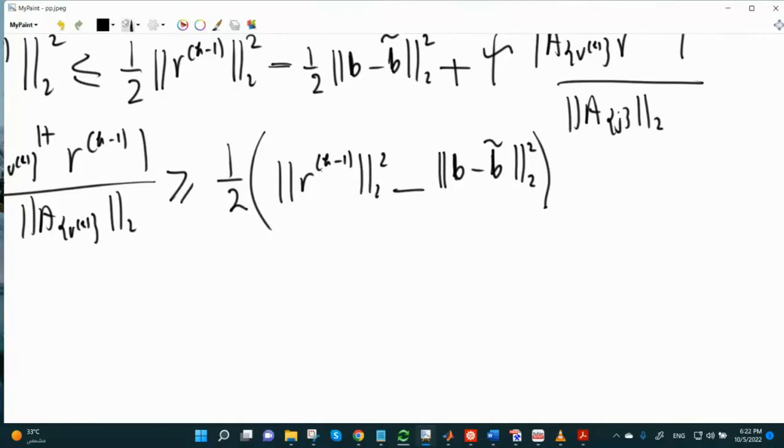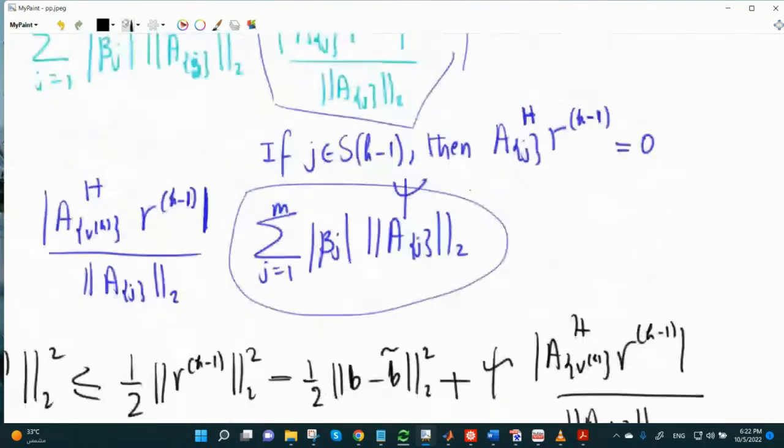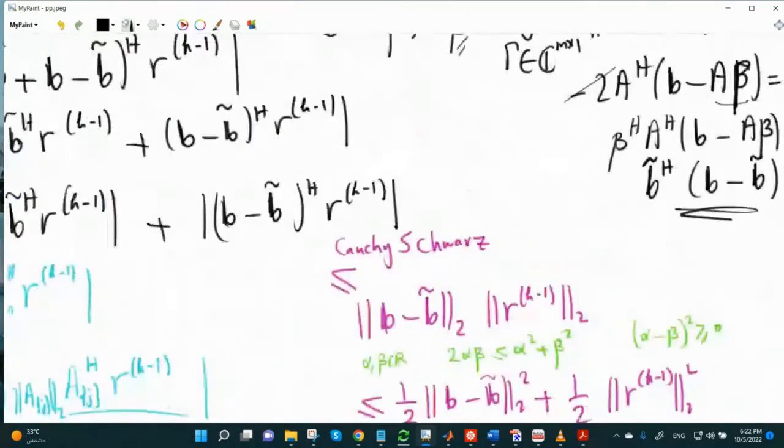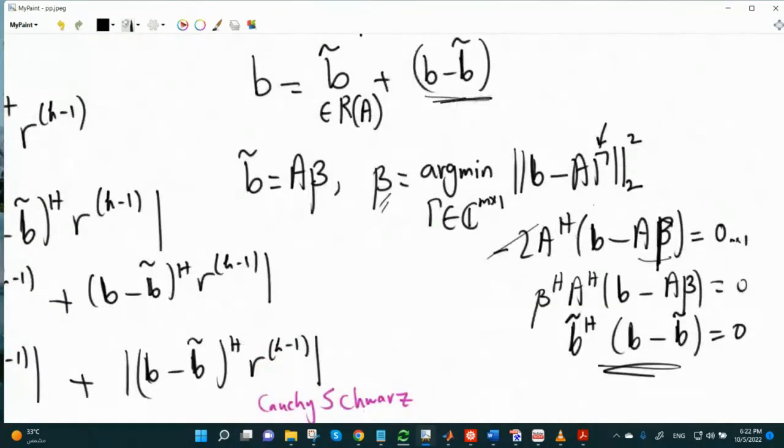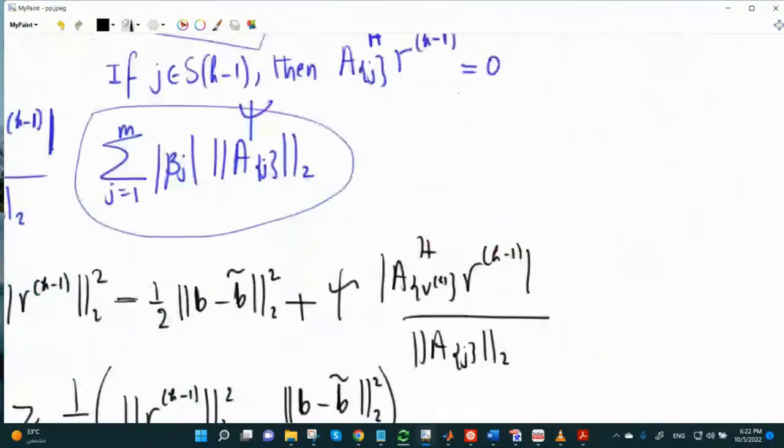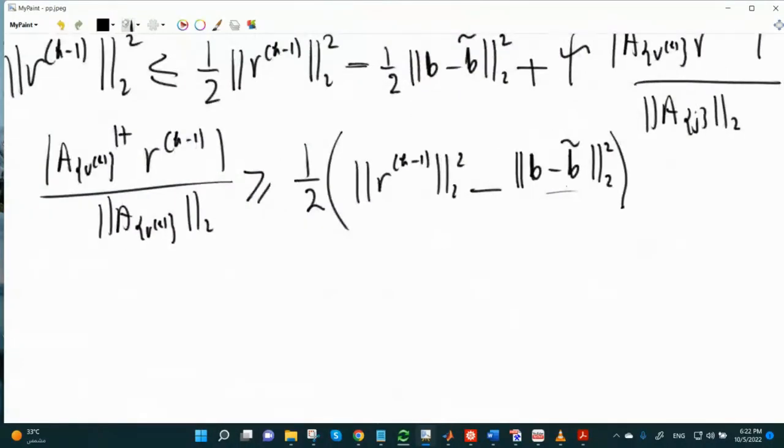This is a non-negative quantity because what is this thing? This is the L2 norm squared of the residual. If you use k minus 1 columns in A, this is the residual; if you use all columns of A, this will be the residual vector, and what we have here is its L2 norm squared.